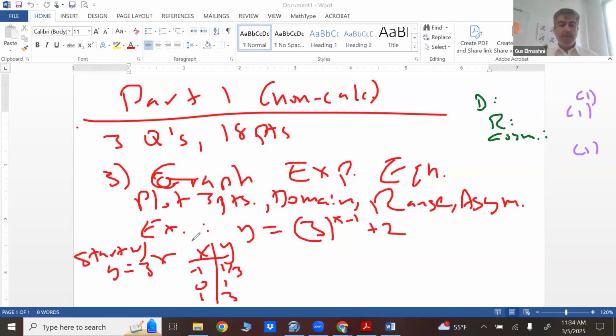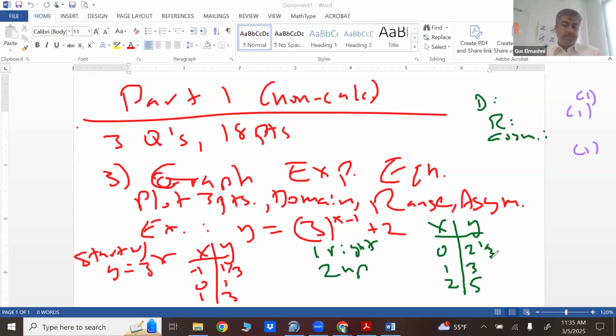Now, if I make my transformation, how am I moving horizontally? 1 right, correct. And 2 up. Good. So it'll be 0, 1, 2. And then 2 1/3, which is 2.33 repeating, 3, and 5. And plot it.